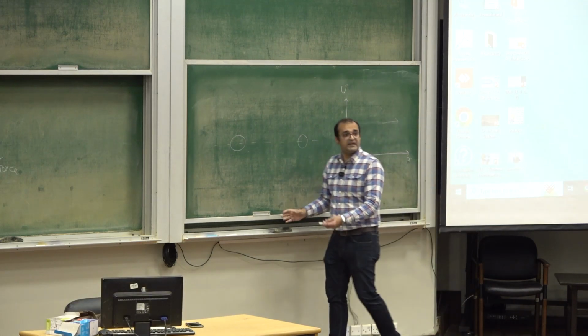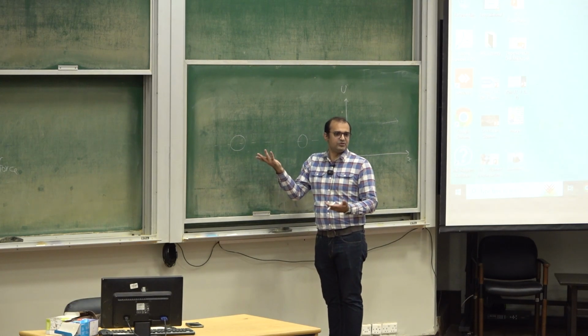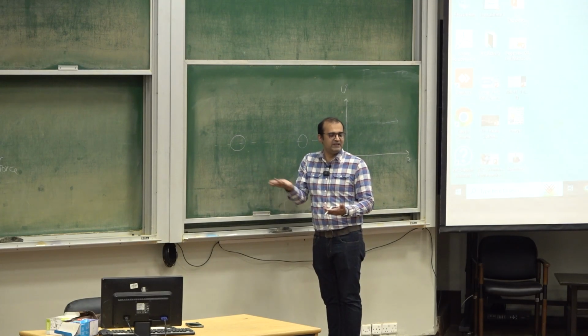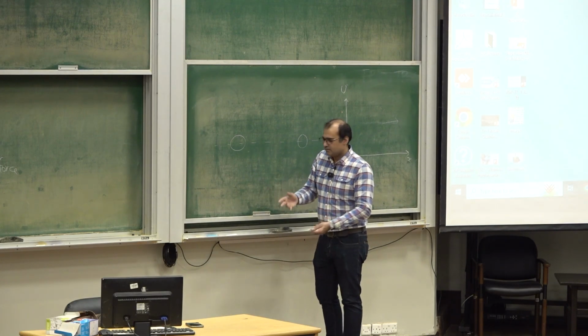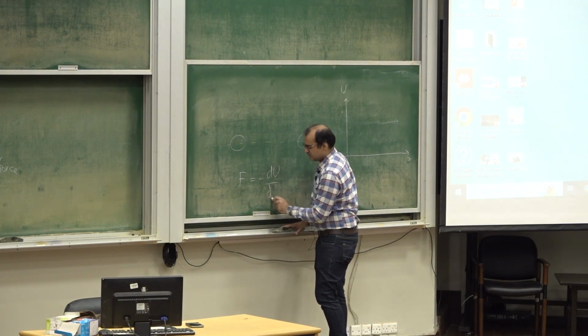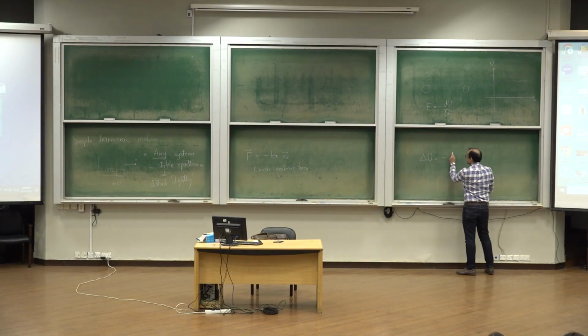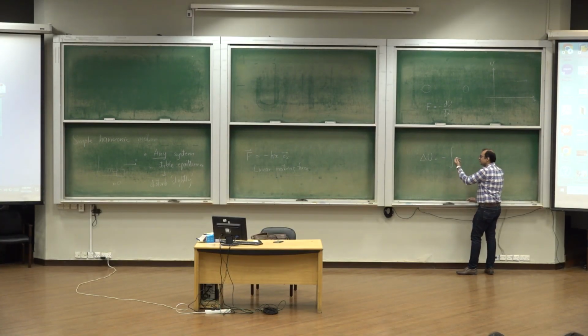And remember, where is this coming from? That's why I say simple harmonic motion is a nice place to conclude, because you basically go through everything that we have done in this course. Remember, the force is equal to minus dU by dx. How do you define the potential energy function? The change in the potential energy between two points equals the negative of the integral of the force between those two points.